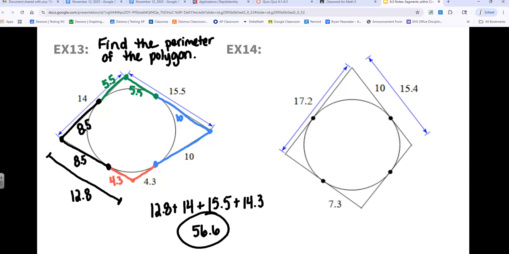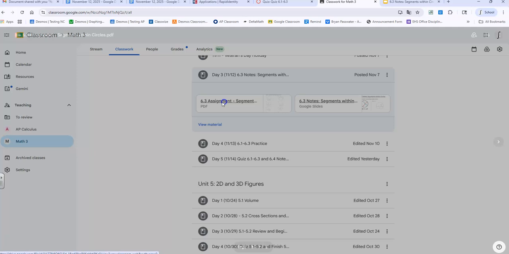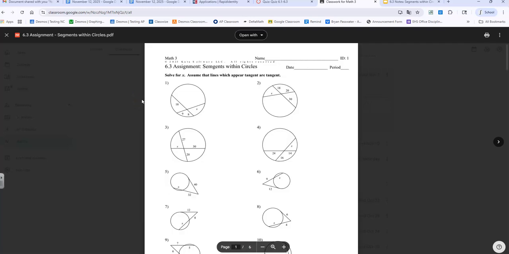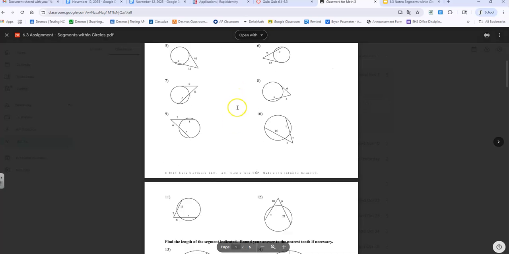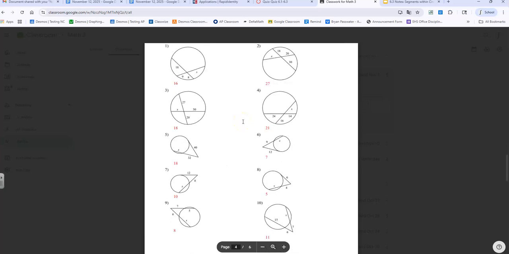But let me show you this. I'm pretty sure it's here anyway. On Canvas, under day 3, which is today, you will see, not Canvas, Google Classroom, you will see the worksheet is posted there. It looks like it is the blank worksheet, but if you scroll down enough, the answers are there as well.